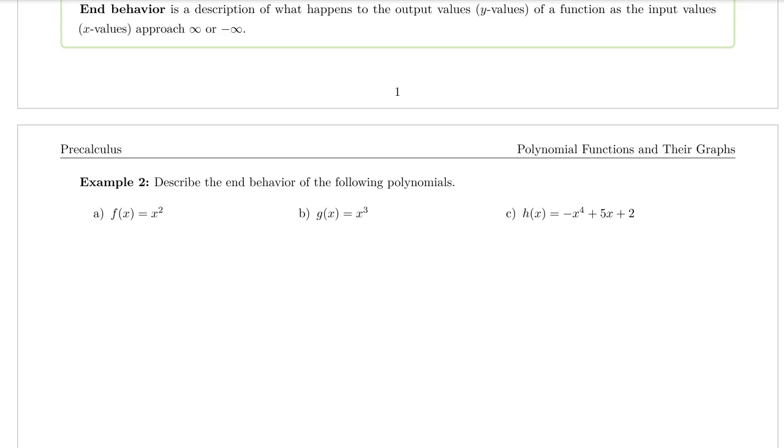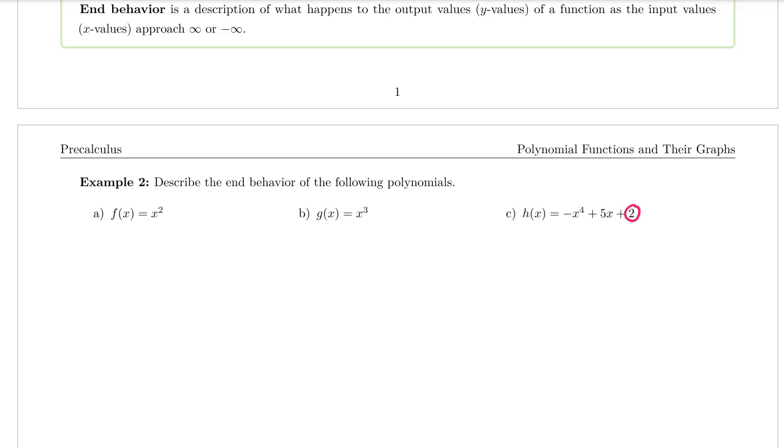In part C, we have h of x is equal to negative x to the fourth power plus 5x plus 2. Now, I don't know exactly what the graph of this function looks like. However, it turns out that these smaller powered or degree terms, because their exponents are smaller than 4, don't really end up making a huge difference when it comes to the end behavior, because ultimately we're plugging in really large numbers for x, and definitely the constant term.